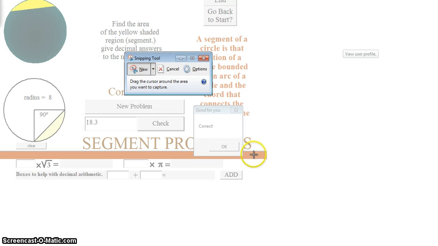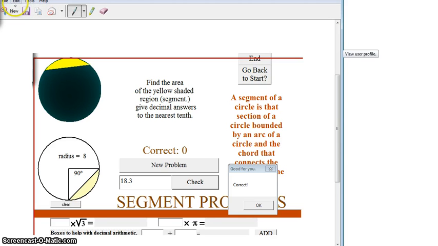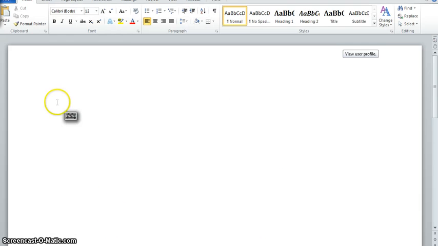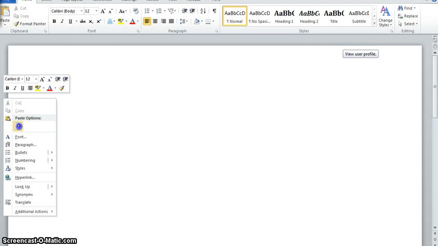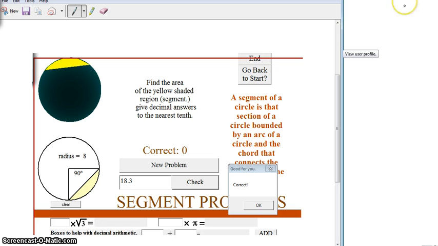So here I will take my screenshot. I'll edit, I'll copy, I'll insert it into a Word document. And I'll go ahead and shrink that so that I can fit 20. So, okay, that one worked okay.